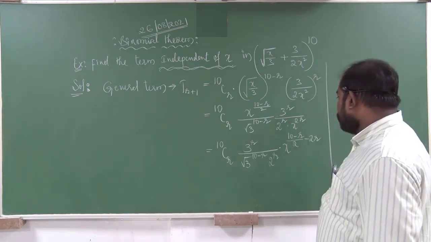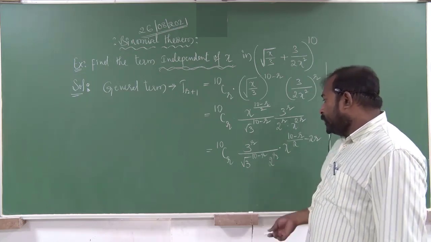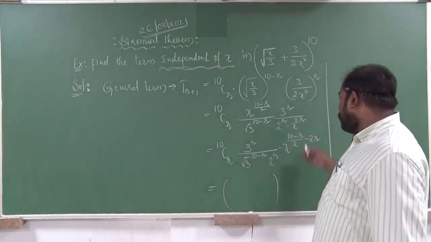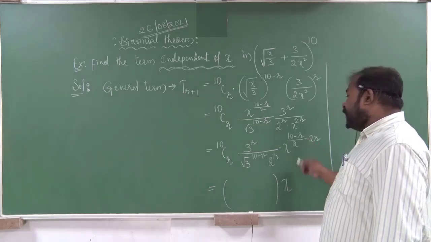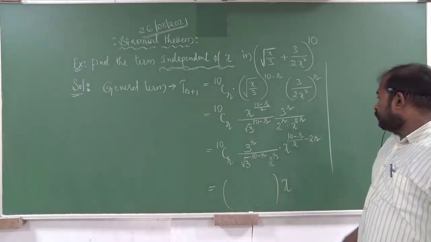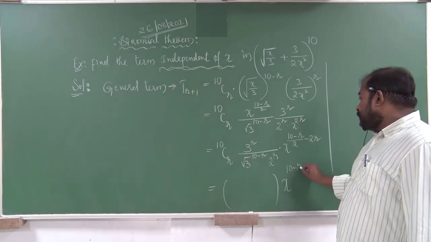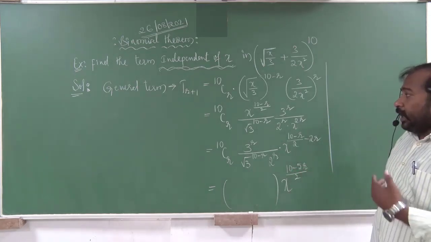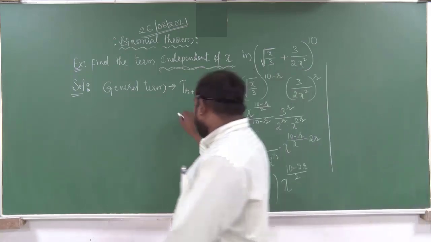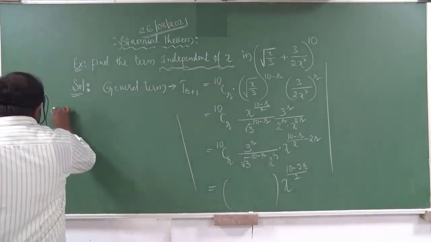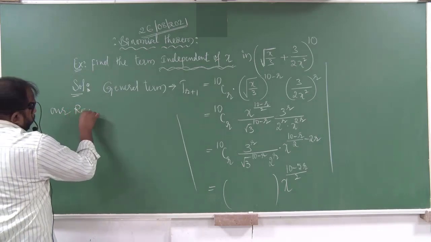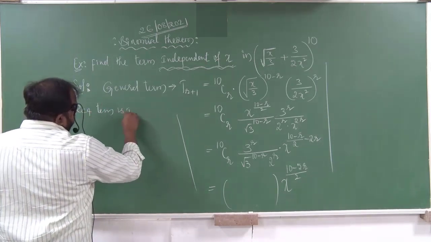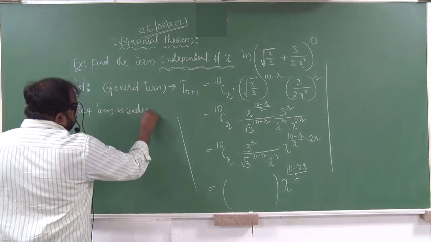So here if you simplify, till here this is the value as it is. What about this value? X power what is the value? (10 minus 5r) by 2. But our required term is independent of x.